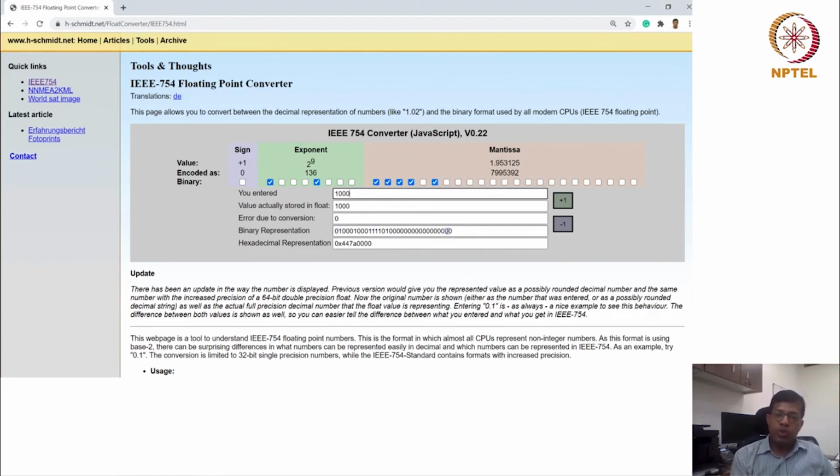And the beautiful thing is that along with the binary representation, it also breaks things into sign, exponent and mantissa. So it says your exponent has this bit high and this bit high, and similarly in the mantissa it specifies what the mantissa is. And this part is essentially significant.